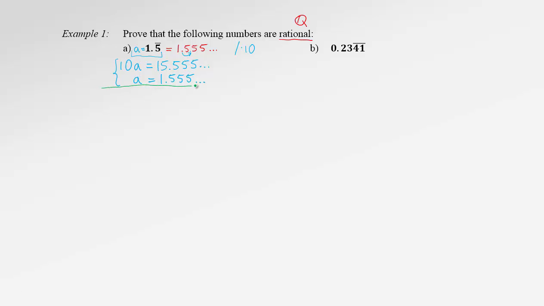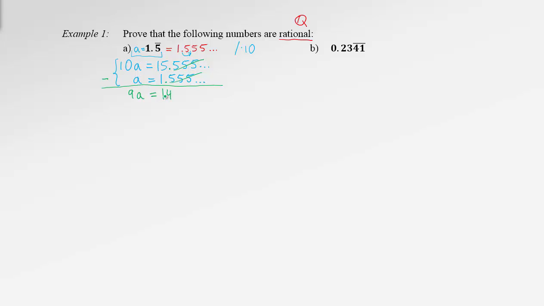And consider these two equations. If we subtract side by side these two equations, then we have 10a minus a is 9a. And on the right, we can take advantage of this ending after the decimal dot: both of those fractional parts after the decimal dots are exactly the same. So when we subtract those numbers, the fractional part will actually cancel. So what's left is 15 minus 1, which is 14. The 555 forever will be gone. So that's great.